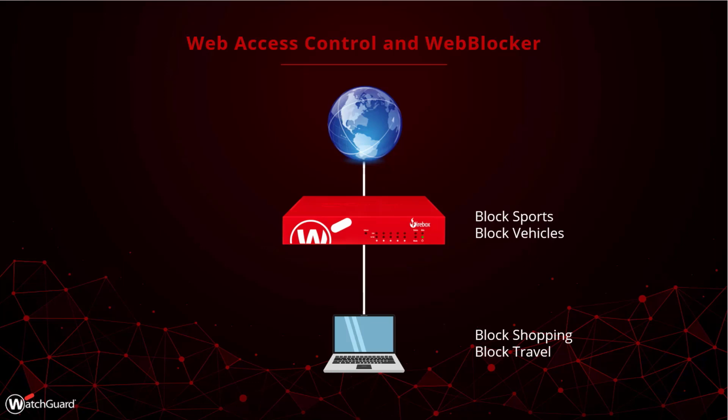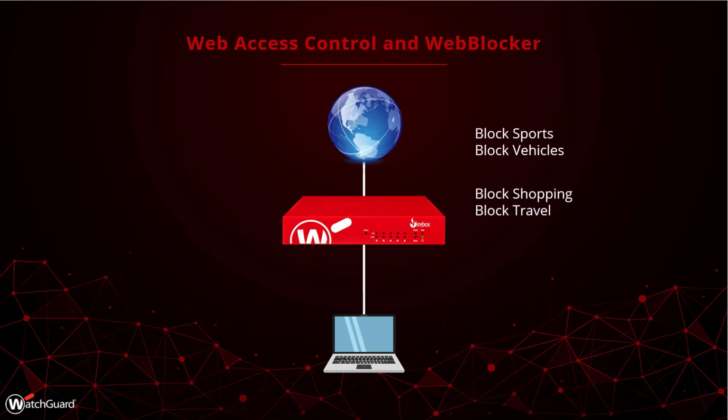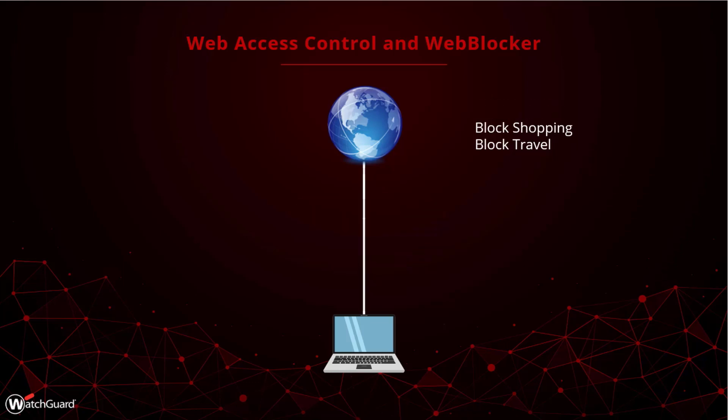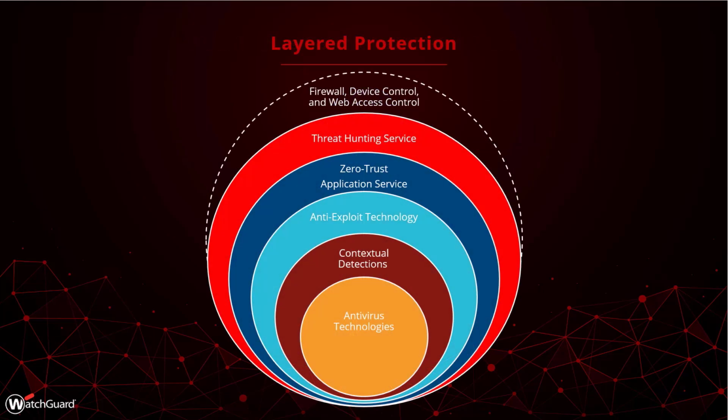Let's say I am blocking the shopping and travel categories in Web Access Control and blocking the sports and vehicles categories in WebBlocker. A user will not be able to reach websites in any of these categories while they're in the network. Of course, if the endpoint is not on the corporate network, only the categories blocked by Web Access Control will be denied. Web Access Control is not enabled by default.